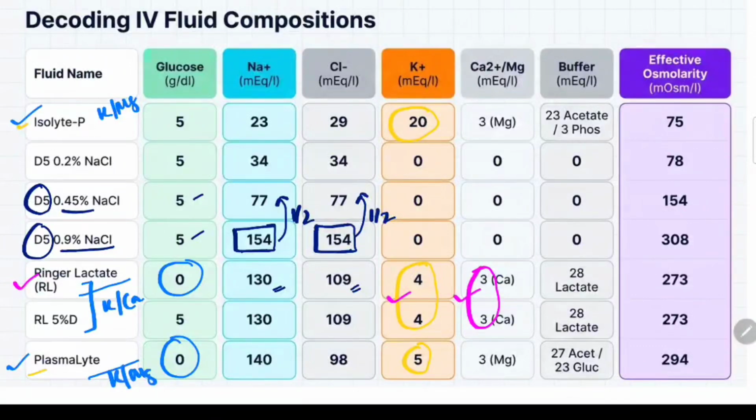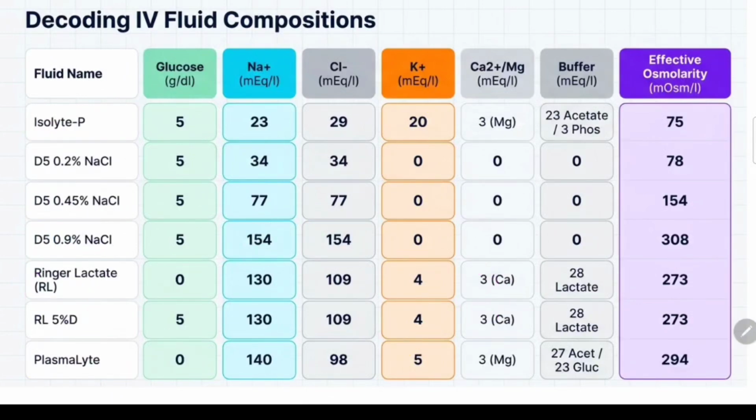Now, what about the osmolarity of these fluids? The normal isotonic fluid, that is the 0.9% sodium chloride, is isotonic to our body. What is the normal osmolarity of our plasma? 280 to 295 milliosmol per liter.